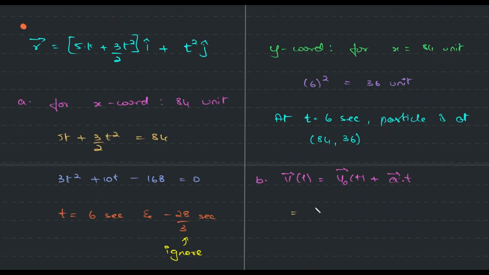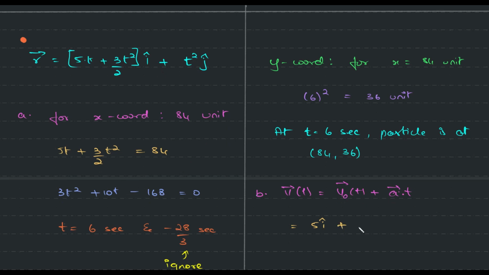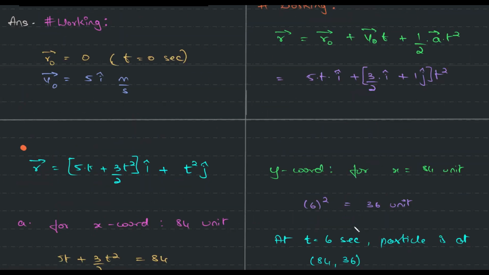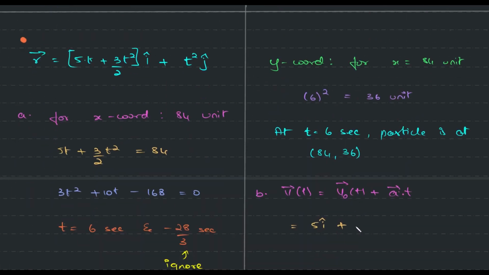V naught is 5 i cap plus acceleration, 3 i cap plus 2 j cap, times t.